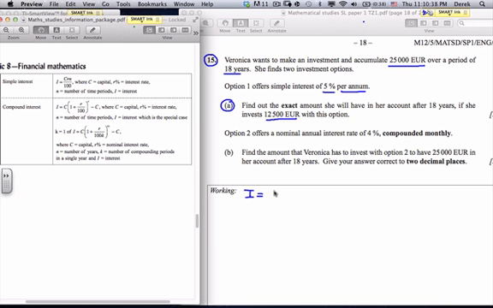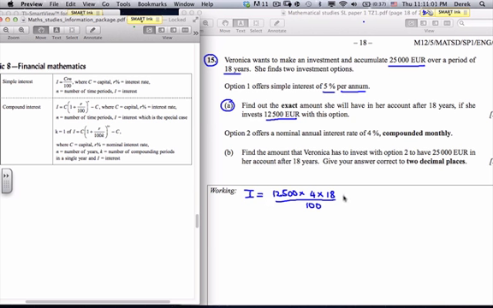Now the C is the capital, so that's 12,500 times the rate, and that's 4%, so that's 4 times the number of years, so that's 18, and we're going to divide that all by 100. That will be the interest that she'll earn.